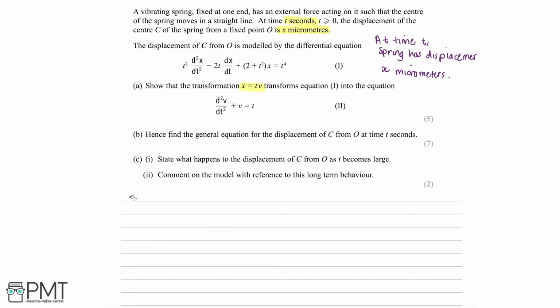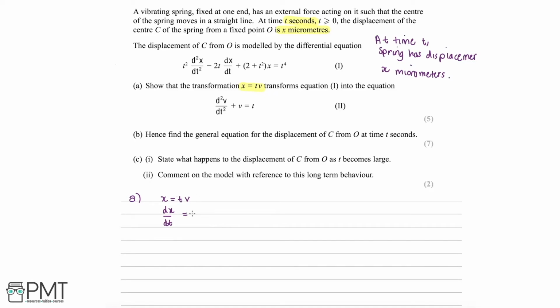So for example, we are given that x is equal to tv. So dx by dt will be equal to, well, we have differentiated the left-hand side, so we need to differentiate the right-hand side. How do we differentiate the right-hand side with respect to t? Well, tv is a product of t and an unknown variable v.